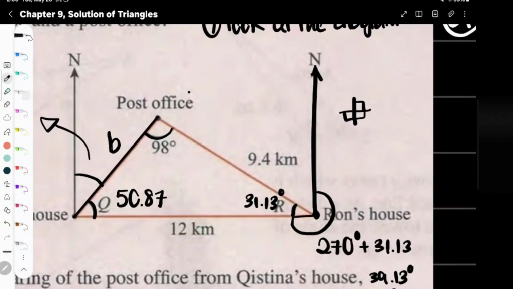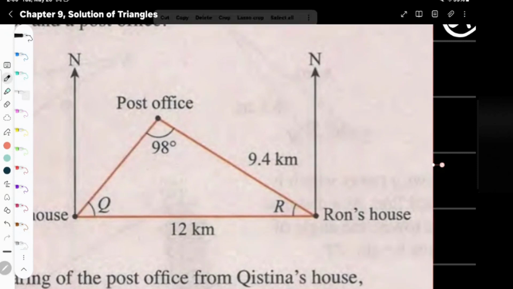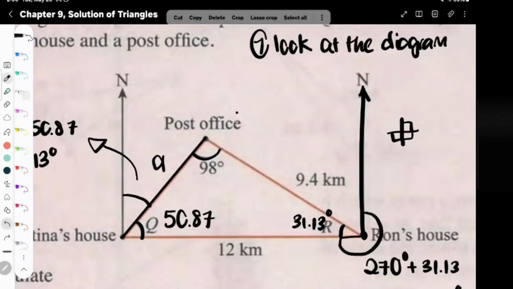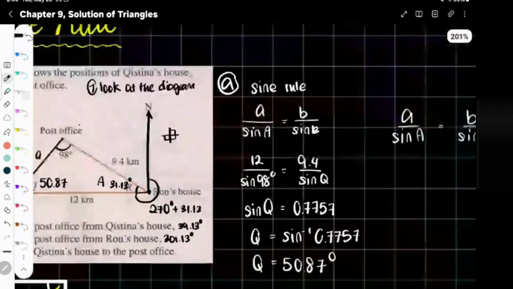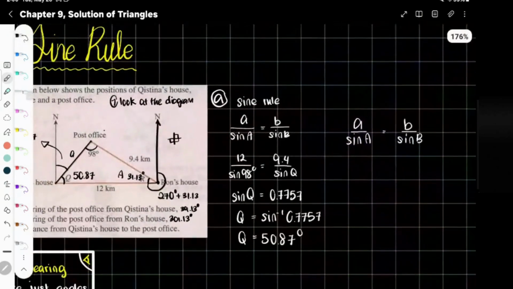We can label this anything, but make sure it's the same symbol. If this is a, the interior angle opposite of it should be capital A. Be careful. So let's label this as a, and this should be capital A. Now we want a.